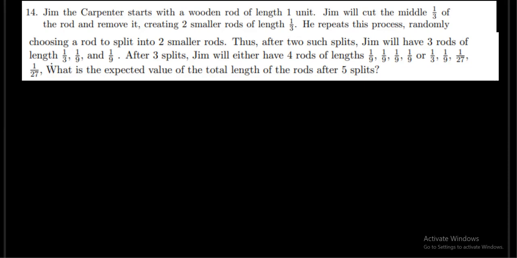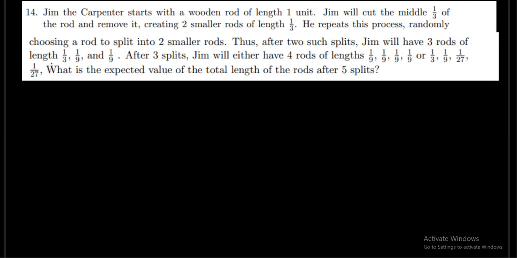Chalo, now let us start with the question. So let's read it. Jim the carpenter starts with a wooden rod of length 1 unit. Jim will cut the middle 1/3 of the rod and remove it, creating two smaller rods of length 1/3. He repeats this process randomly, choosing a rod to split into two smaller rods.